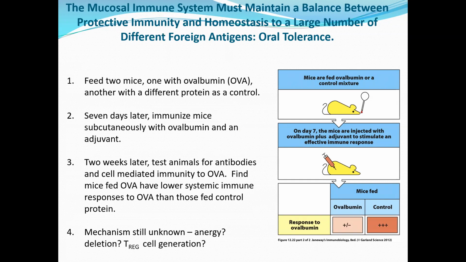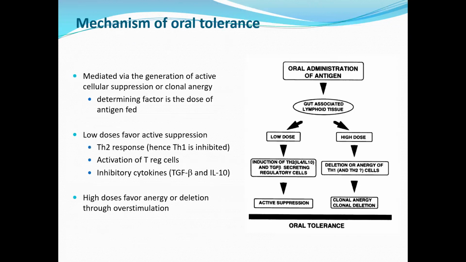How is this maintained? How is this brought about? This is through the activation of regulatory T cells or Tregs. If you remember, regulatory T cells produce cytokines like IL-10 and TGF-beta, which suppress an active immune response to these antigens.